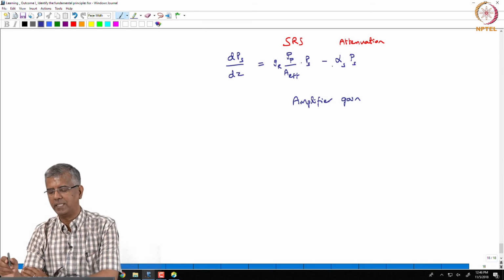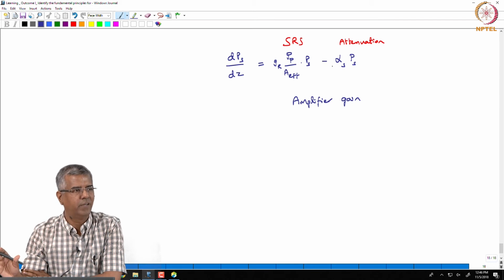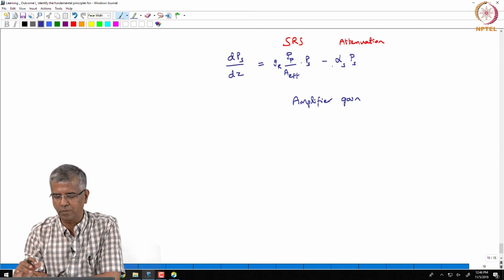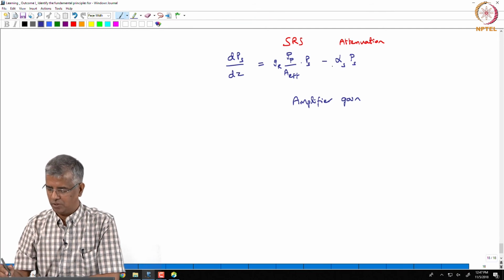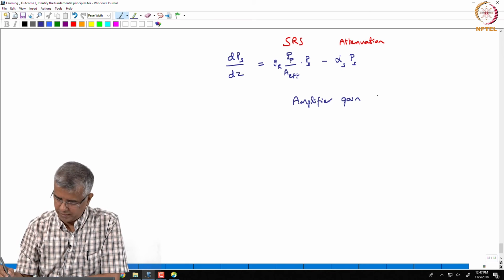Basically you neglect the attenuation component. If you have enough pump power, you can get a gain through this process, in which you can neglect that other component.